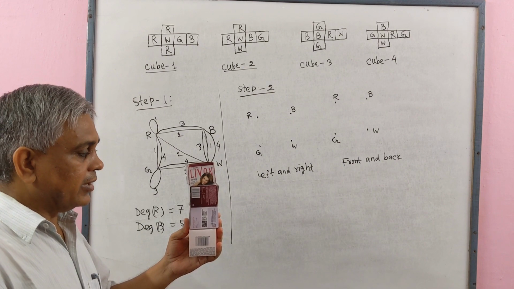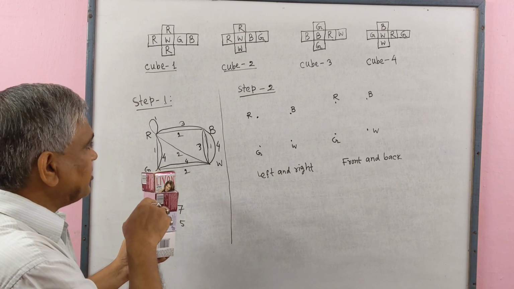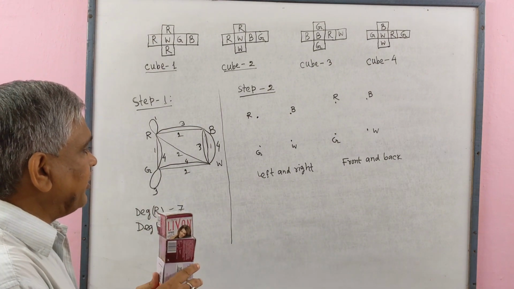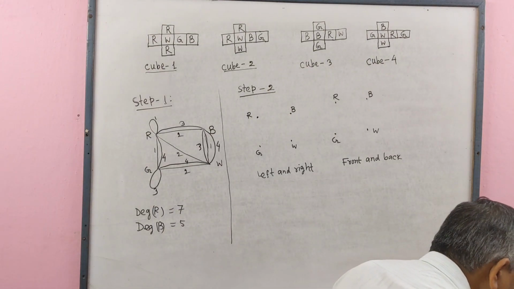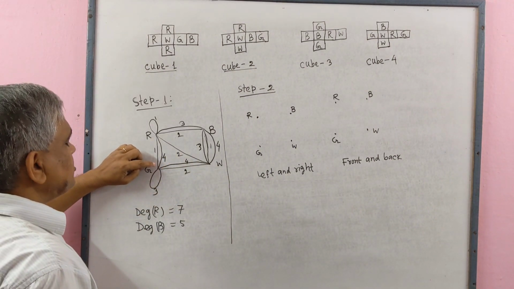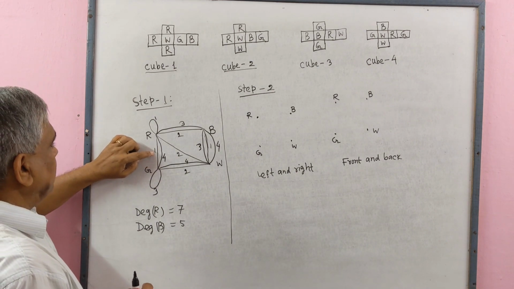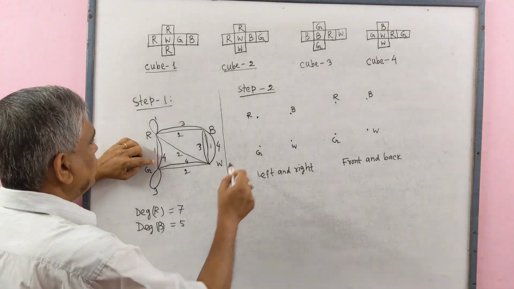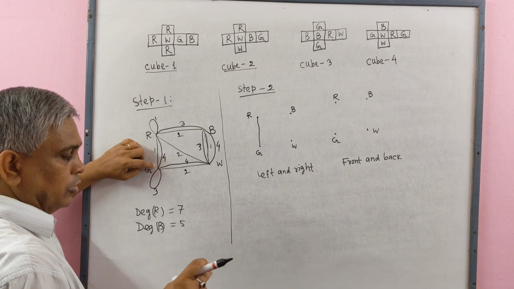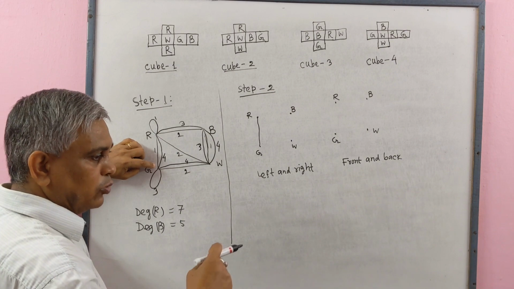Now we take the edges and vertices and draw the subgraph. This is for the left and right faces. For the first cube we take number 1, this is G and R. So we join G and R for the first cube, left and right, and get one edge.